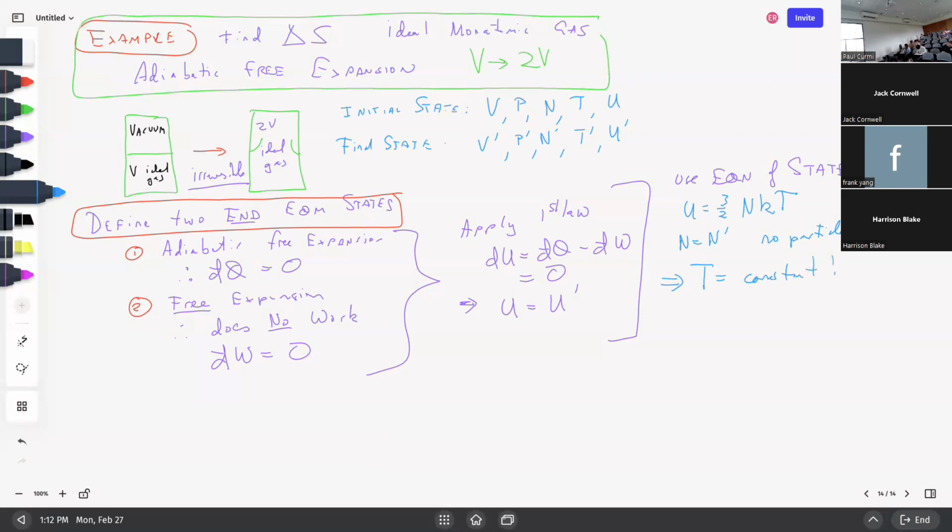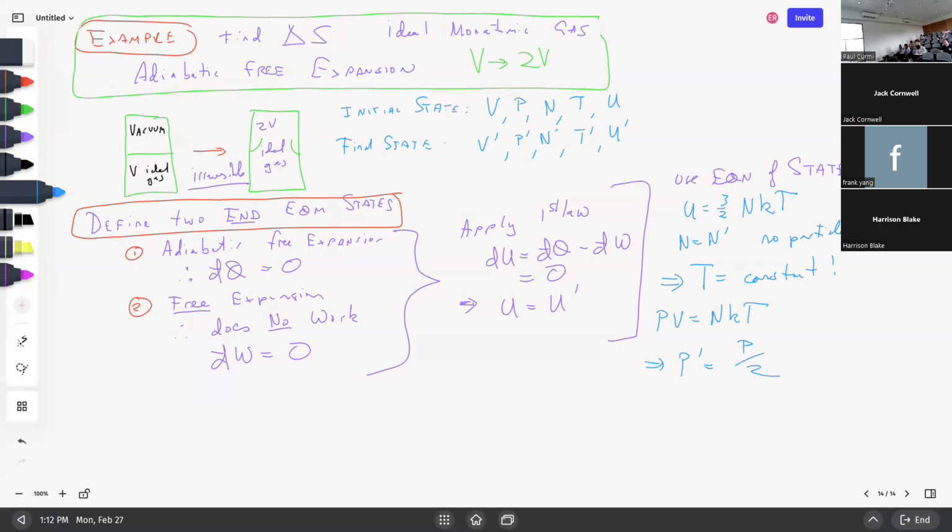Okay. So would you have expected that temperature to be constant? You would have, I wouldn't have had a clue. But I've done the problem before, so I know that. So then I use PV equals NkT. And this gives me that T dashed is equal to pressure on 2.